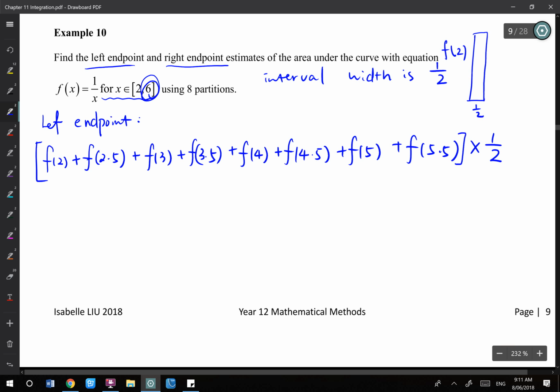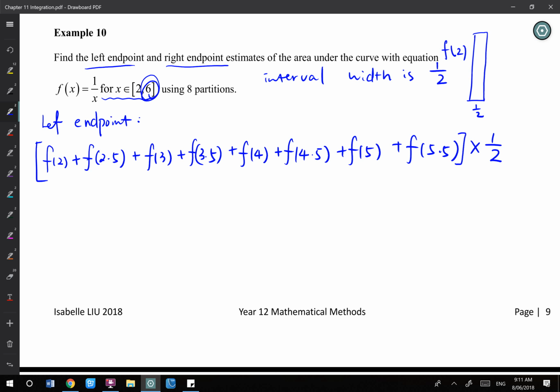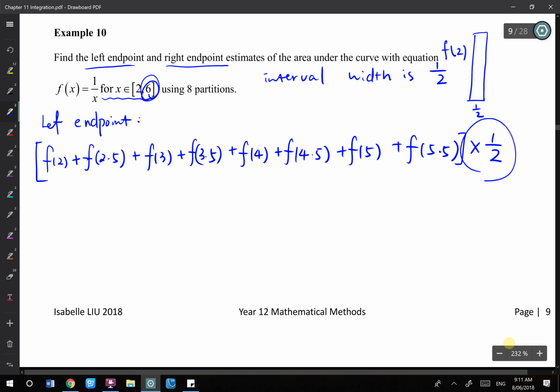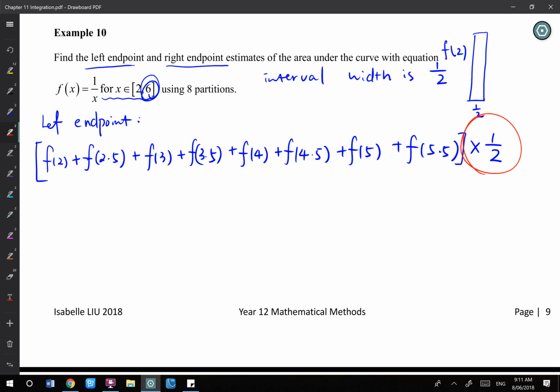So everything needs to be times by half. Most people forget this half because they always treat it as a 1. The half is actually the width, so it's length times width. You add all the lengths together and then times that by the width.